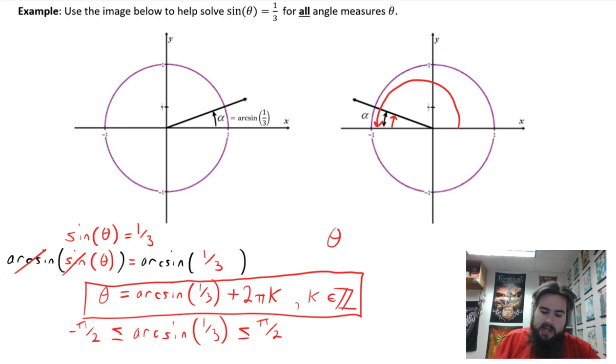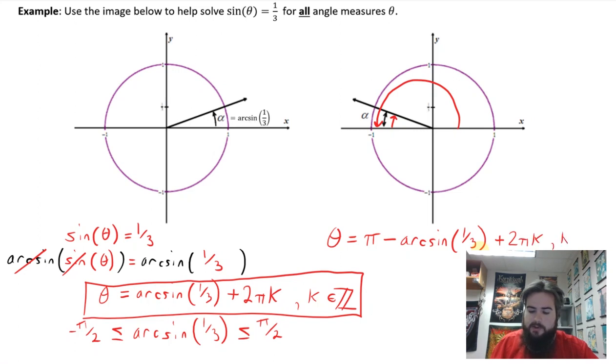Meaning we should also have another solution set that is pi minus that angle measure from quadrant 1, arcsine of 1/3, and just like the previous solution sets, we should also consider any coterminal angle measure where k is an integer.